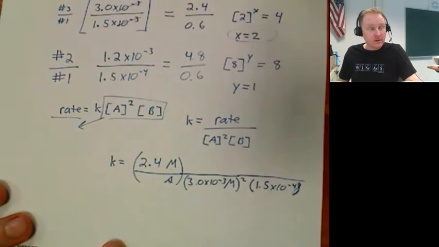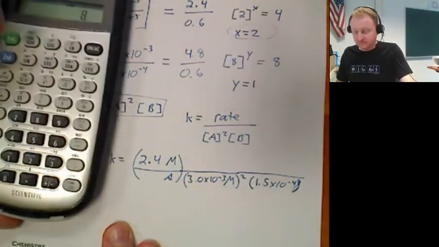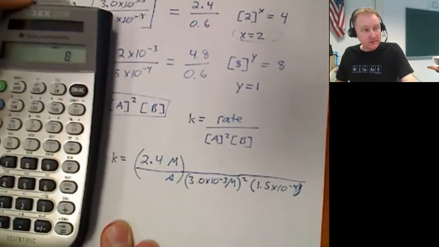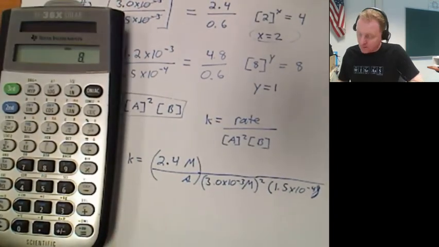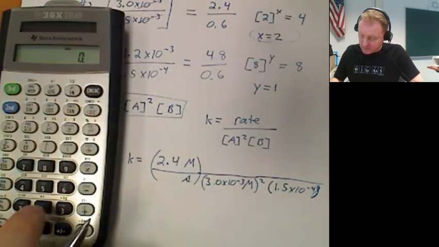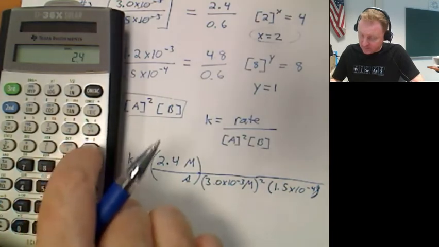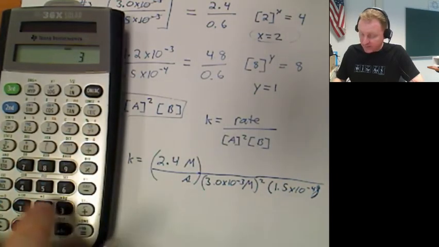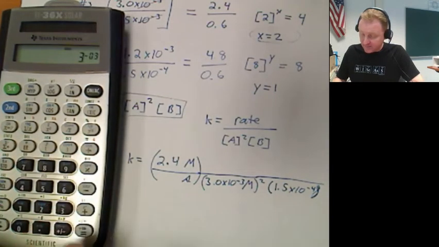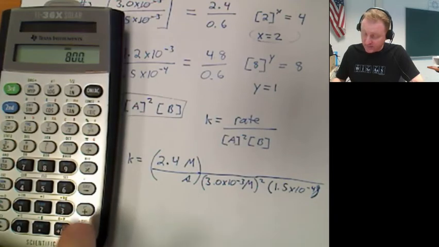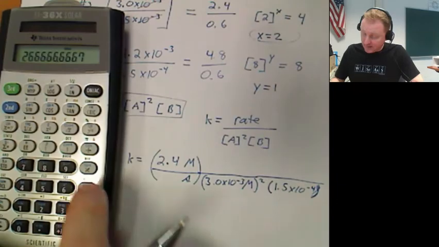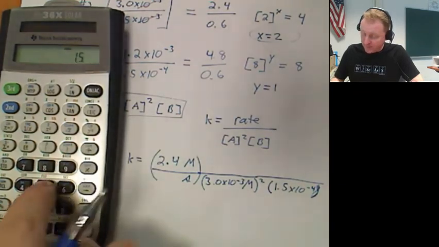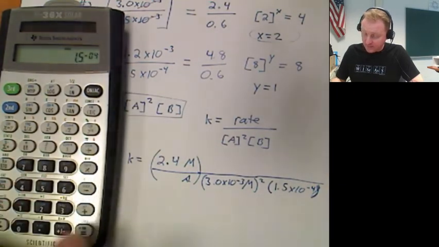Okay, so let's solve that. Let's put these values in and see what we get. I'll put in 2.4 divided by 3 times 10 to the negative third, squared, divided by 1.5 times 10 to the negative fourth.